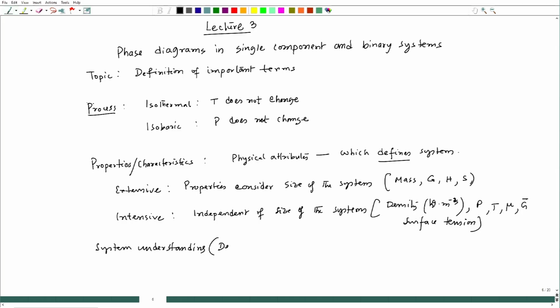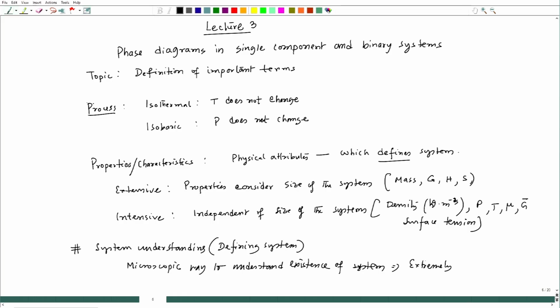So, defining a system. Okay. When we talk about defining systems, after our discussions we see that there could be a microscopic way to understand the existence of a system, which is extremely difficult.